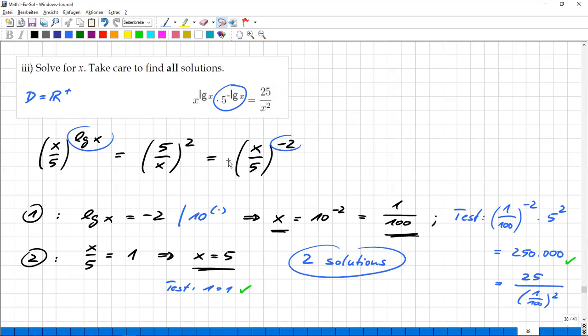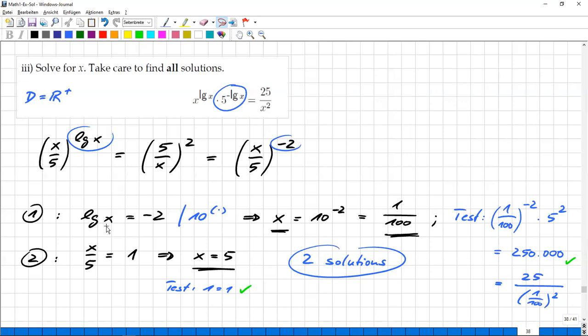So actually it's allowed just to demand that lg x equals negative 2. So we have the same exponent and also the same base, regardless of which value x takes.